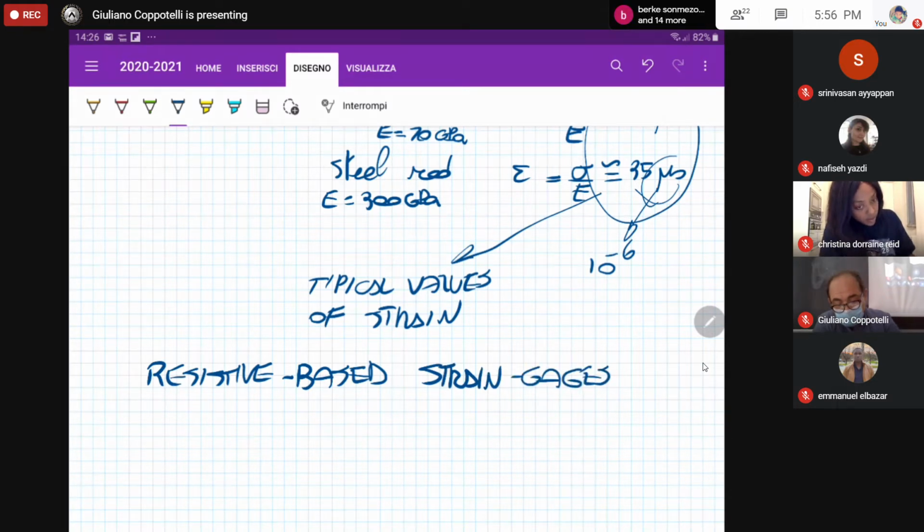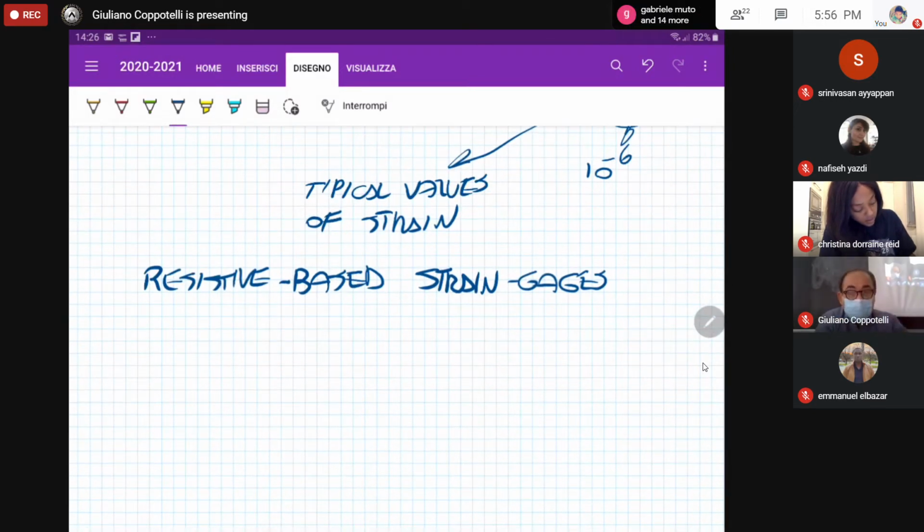Why resistive? Because the working principle is based on a change of the resistance, because the resistance is bonded to the structure somewhere in a specific location, and the structure is reacting to external force through a strain.